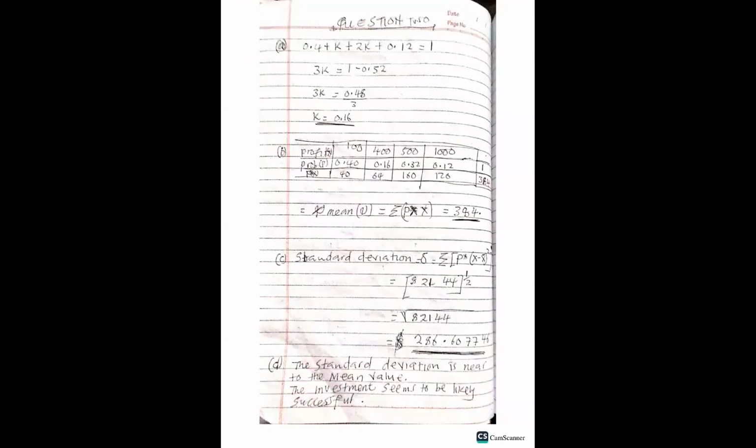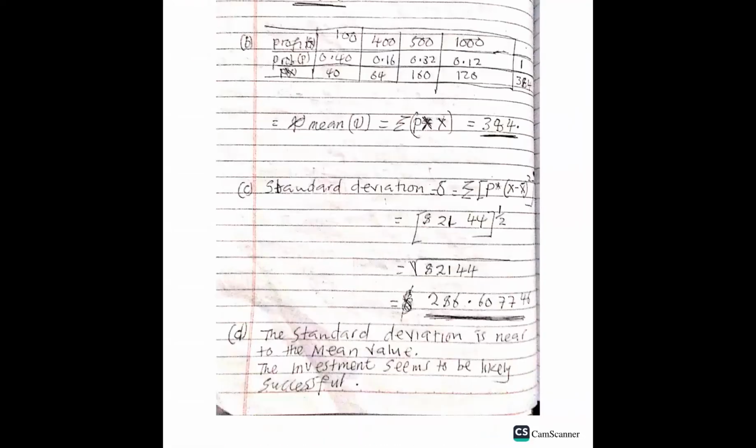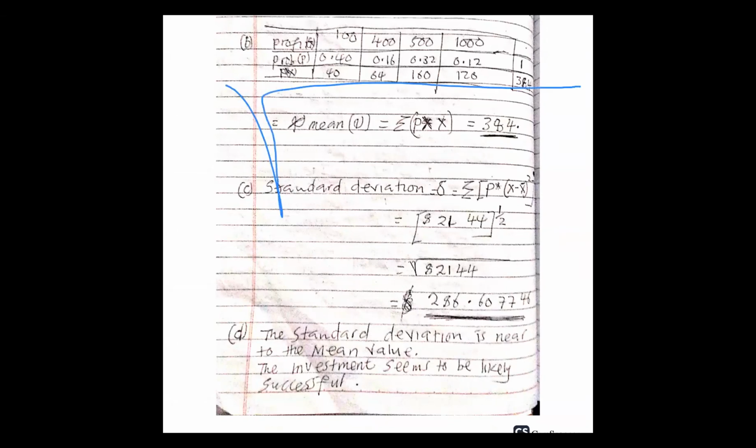Okay, so with the standard deviation, this is how you make the standard deviation. I should write from here. So you say the square root of the summation of the P, which is the profit, times X minus X bar, the mean.